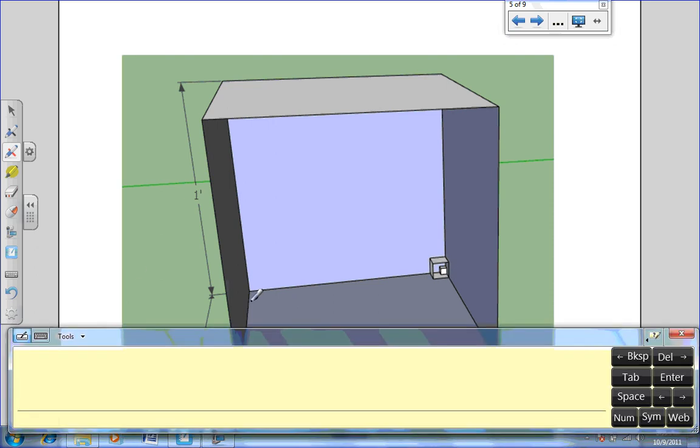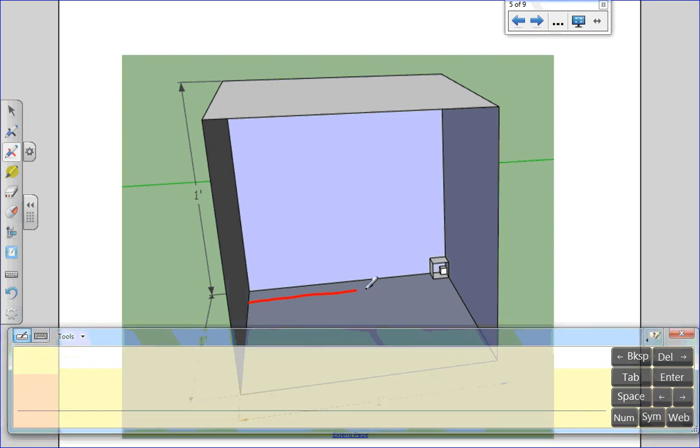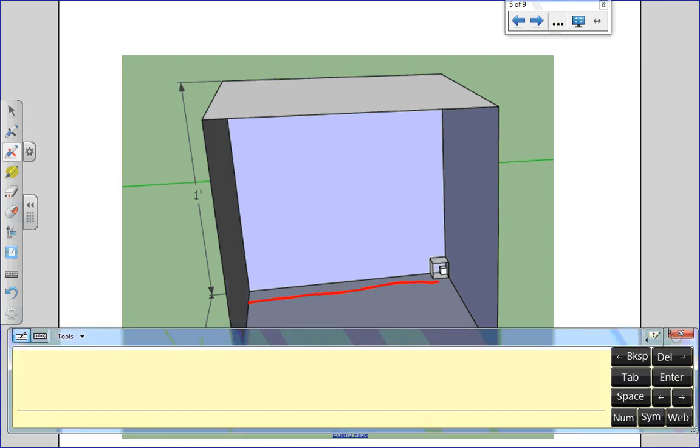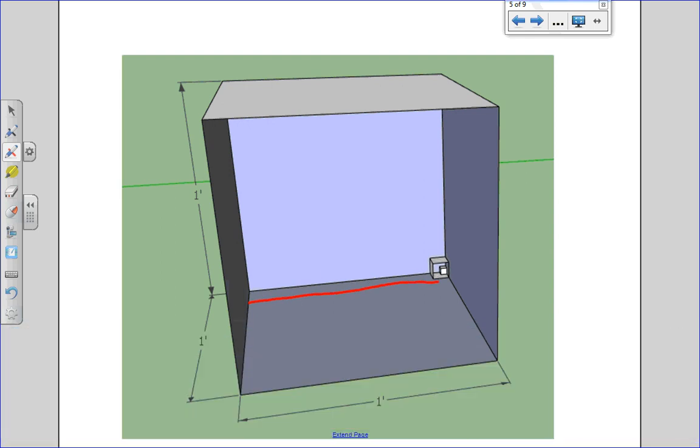Now think about this. If I went all the way along the back of this thing, it would take me 12 cubic inches going across the back and 12 more going this way to fill up the entire bottom layer of this box.